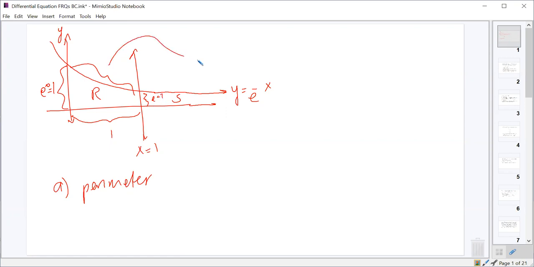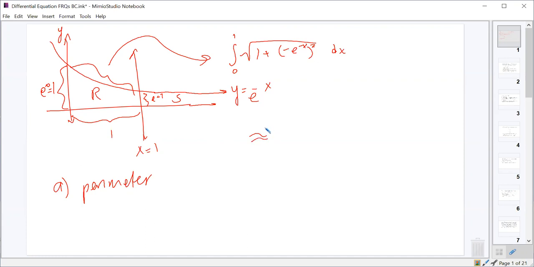And then this distance should have been your integral from 0 to 1 of the arc length formula, square root of 1 plus the derivative of e to the negative x, which was negative e to the negative x, squared, dx. So you had 2 plus 1 over e plus this integral.